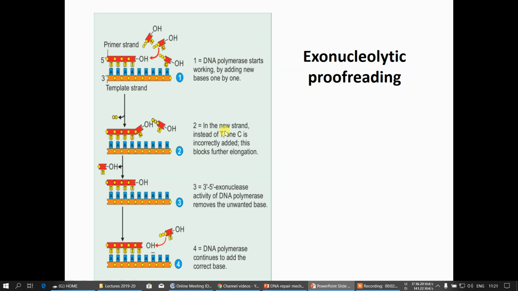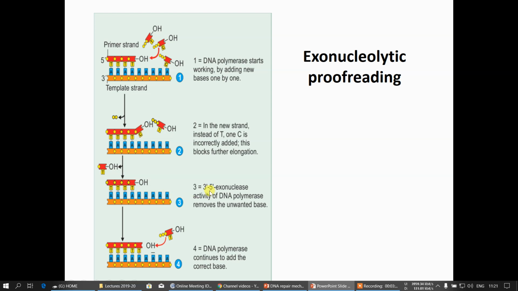Second, in the new strand, this A should be paired with the complementary base thymine in the newly synthesized strand. If, due to mismatch, a C is incorrectly added, this blocks further elongation, because the next thymine cannot be attached here.